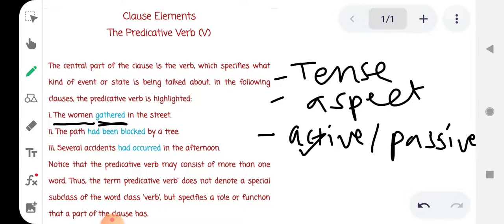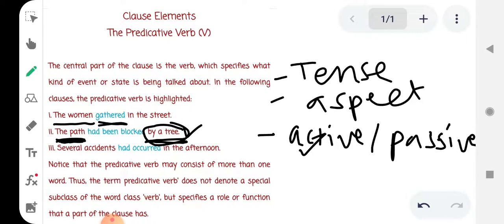Whereas in the second sentence, the path had been blocked by a tree. Now this path doesn't do anything on its own. The tree has done the action. But this sentence indicates something that has taken place on the path, not giving stress and importance to what the tree has done.